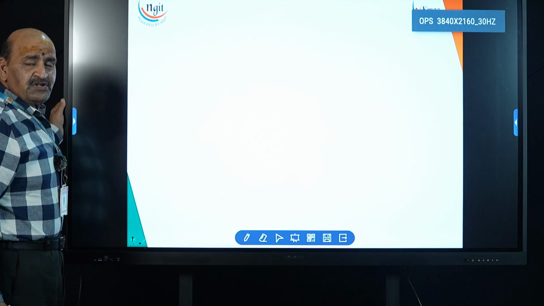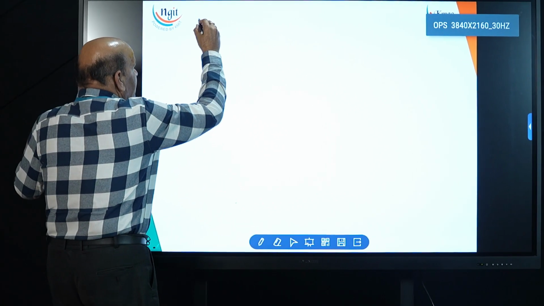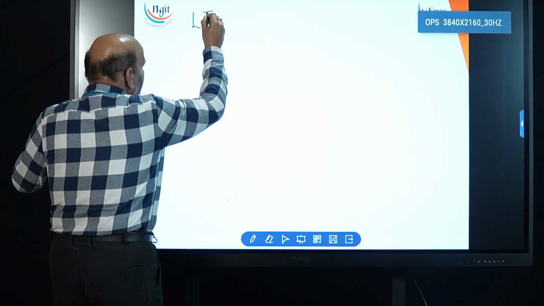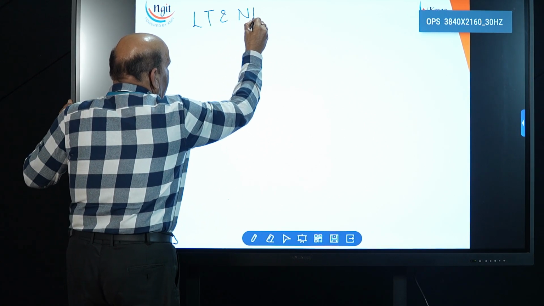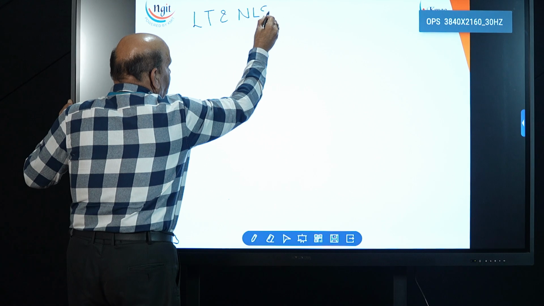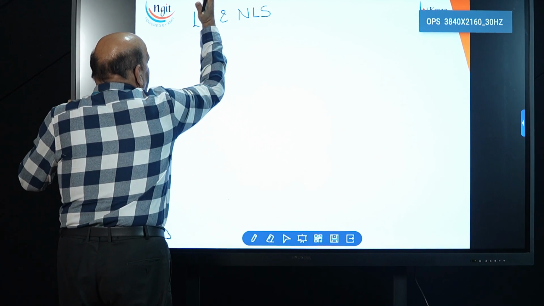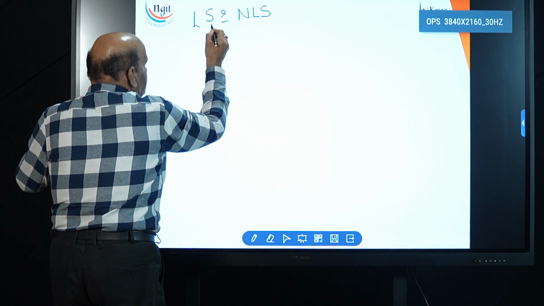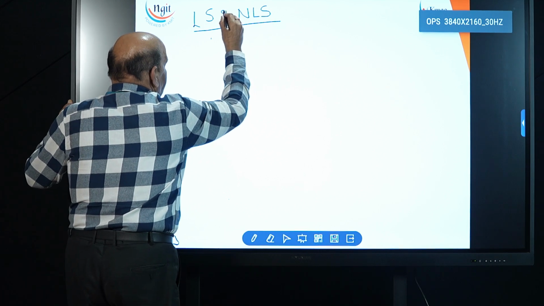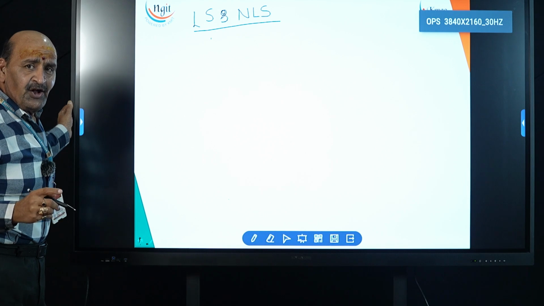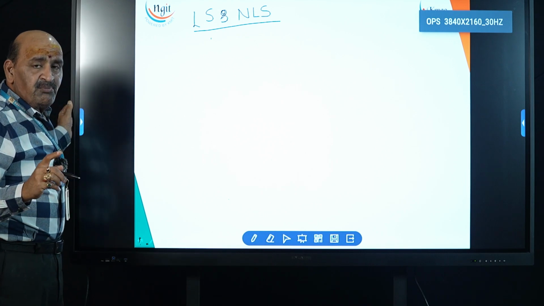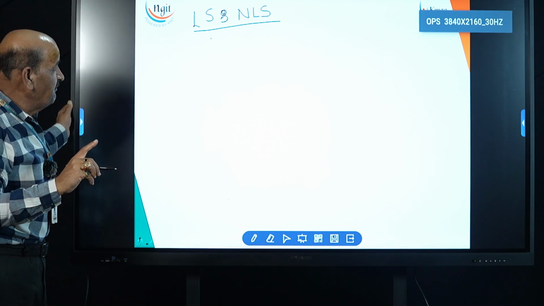In the previous session, we started linear systems and non-linear systems. Now, whether it is linear or non-linear, two important points are to be verified.